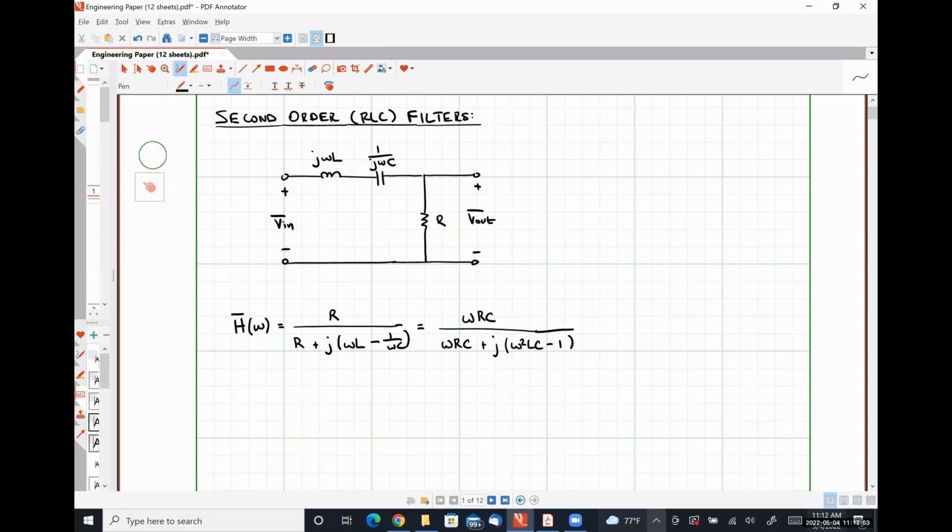This is one of a couple of different ways that I can represent this transfer function without having a fraction in it. So this is the one that I'm going to go with because it's the easiest to follow for me.